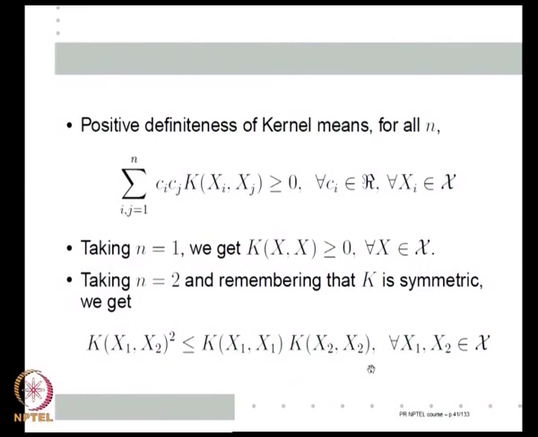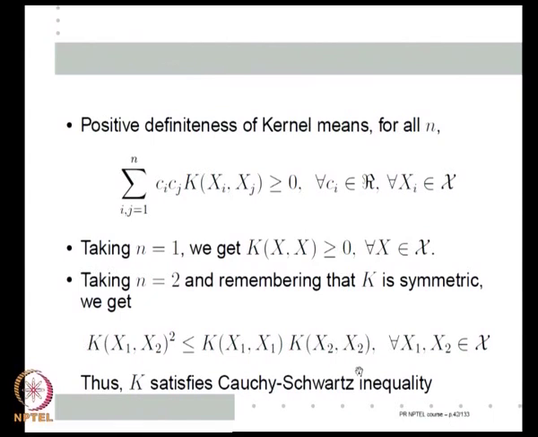I hope all of you recognize the structure of this inequality. This is nothing but the Cauchy-Schwarz inequality, because we think of k as an inner product. If k was indeed an inner product, obviously (phi(x1) transpose phi(x2)) whole square is less than or equal to phi(x1) transpose phi(x1) into phi(x2) transpose phi(x2). But we have not yet shown that k is actually an inner product. We just defined a symmetric function to be a positive definite kernel if it satisfies this.